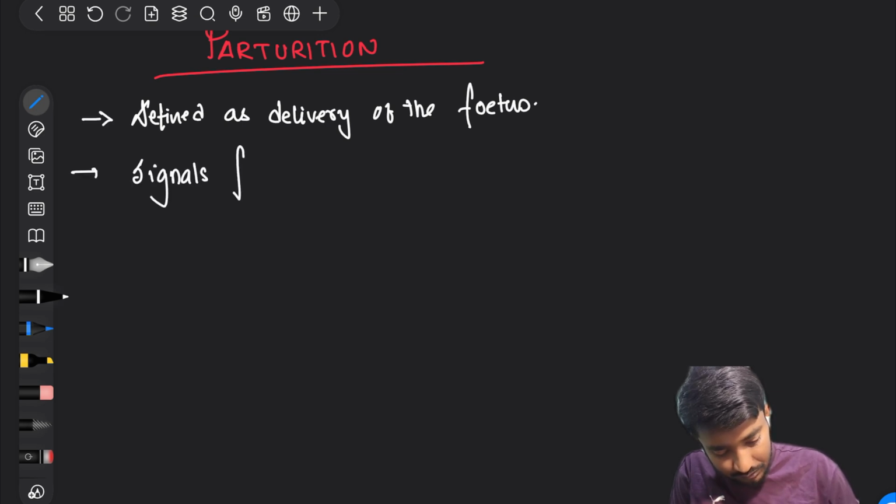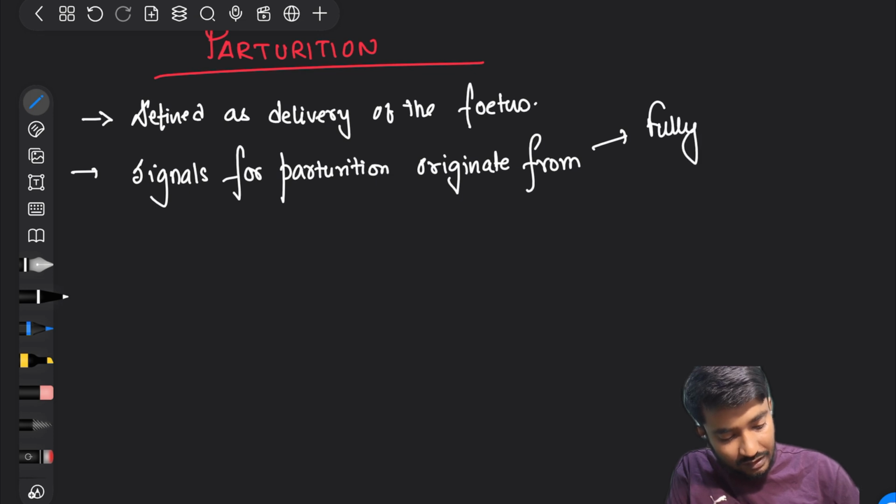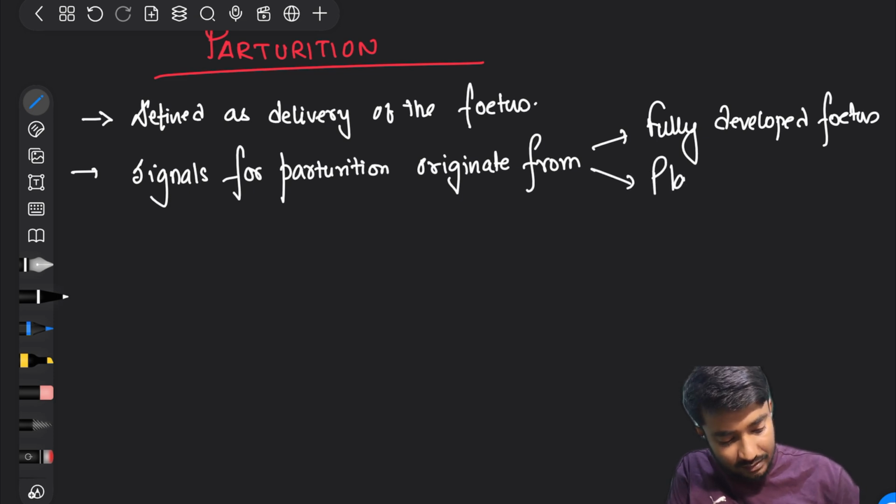Signals for parturition originate from the fully developed fetus and placenta.